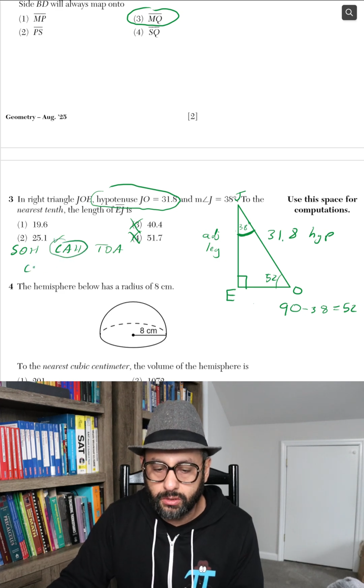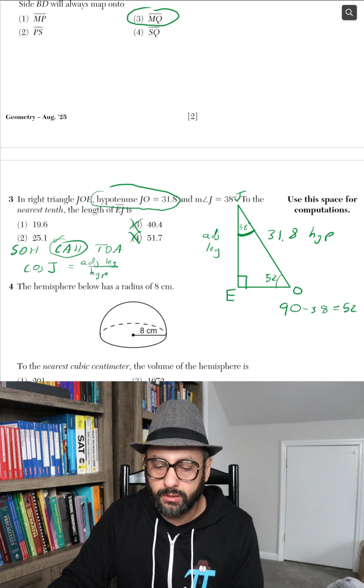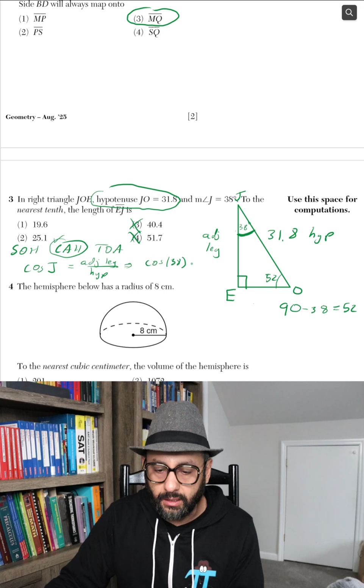So cos of J is equal to the adjacent leg divided by the hypotenuse, so that cos of 38 equals EJ over the hypotenuse, 31.8.